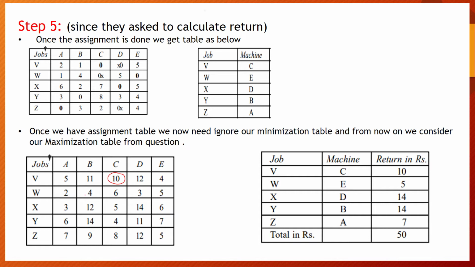W will go for E, so this is the return. X will go for D, this is the return, Y will go for B, and Z will go for A. The maximum return obtained by this assignment is 50 rupees. So this is how we solve the problem.